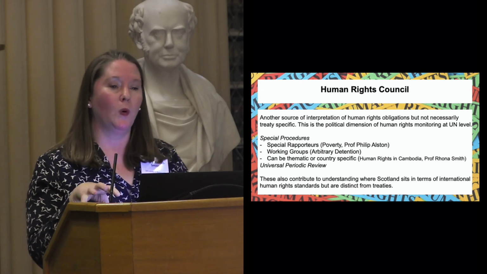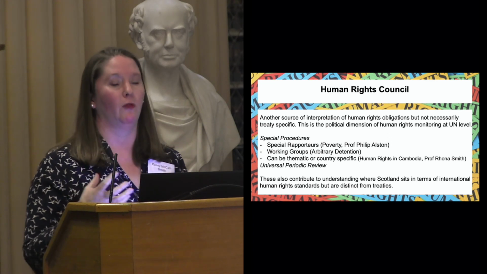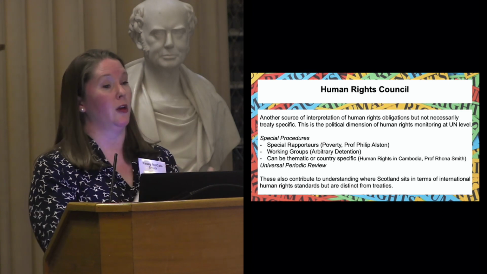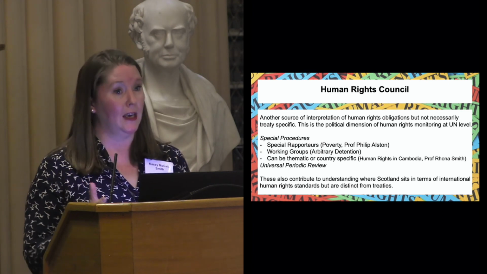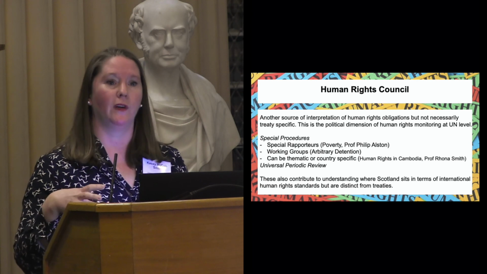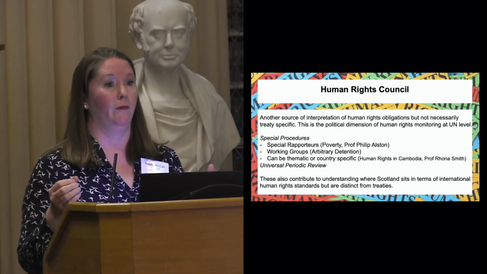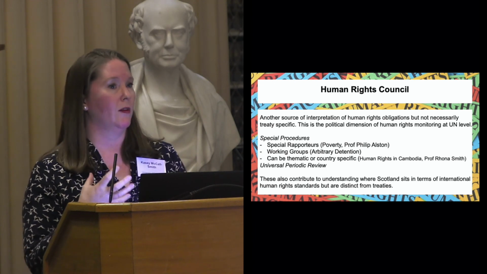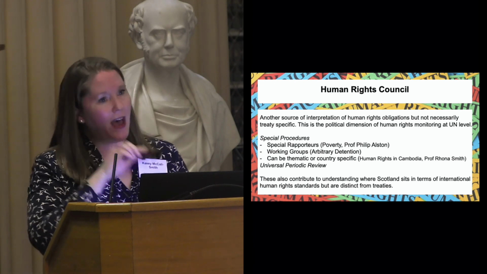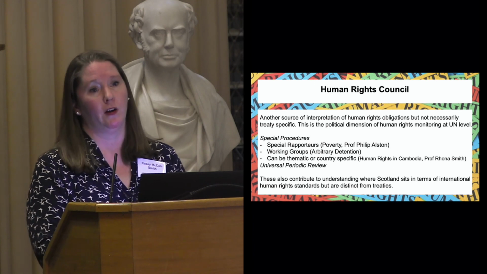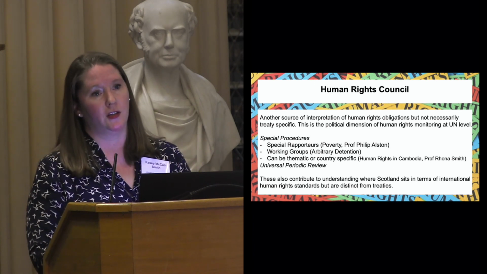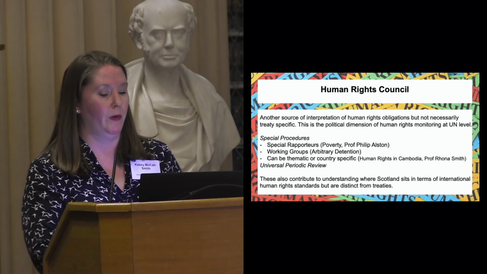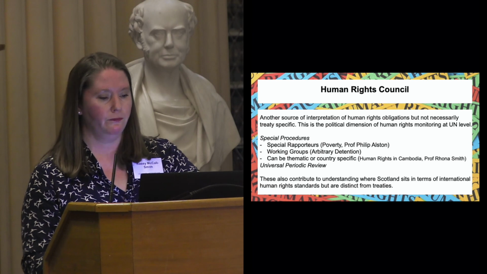For Scotland, it's important because in the Universal Periodic Review process, the bilateral communication between the Human Rights Council and the United Kingdom also involves very specific devolved nation points of information. So if there's something going on in one of the devolved nations, that point might be raised in the Universal Periodic Review. So it's always important to understand that they also have a role in reviewing the way in which human rights are implemented in the United Kingdom.